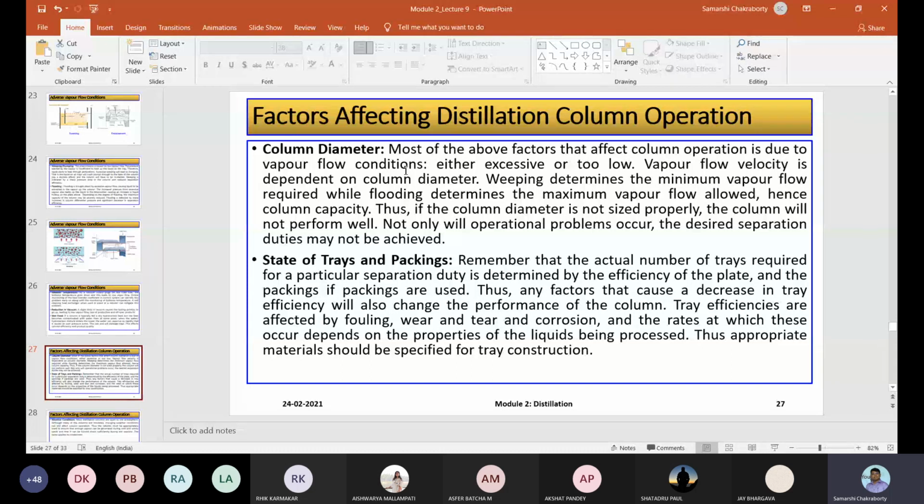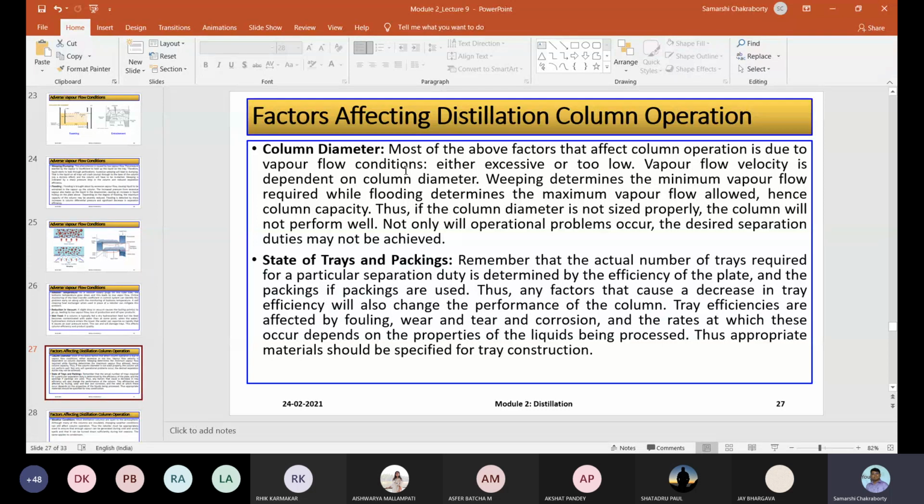Not only will operational problems occur, the desired separation duties may also not be achieved. So deciding whether to go for a higher or a lower column diameter depends on the composition, operating temperature, and the vapor flow within the system. You have to come up with a conclusion on how to deal with the column diameter. So that also plays a role.